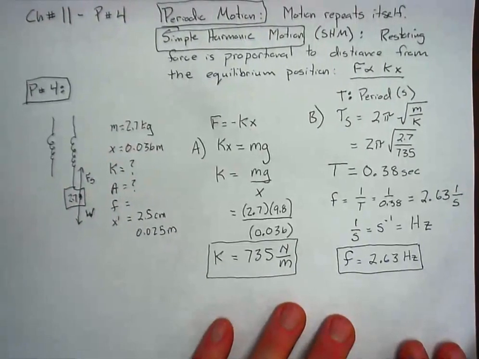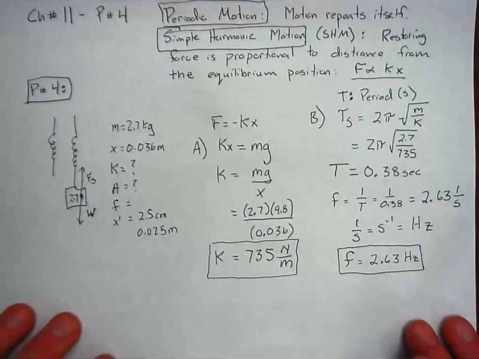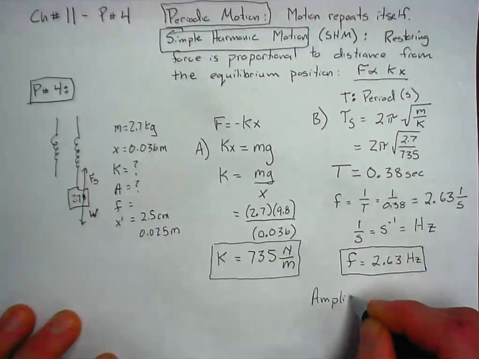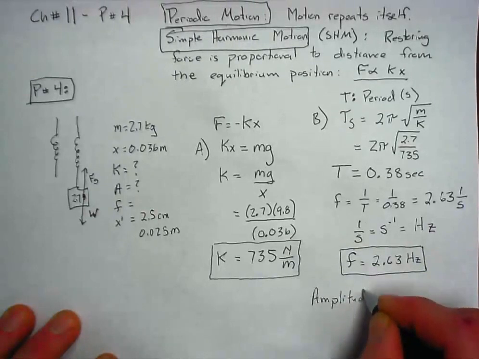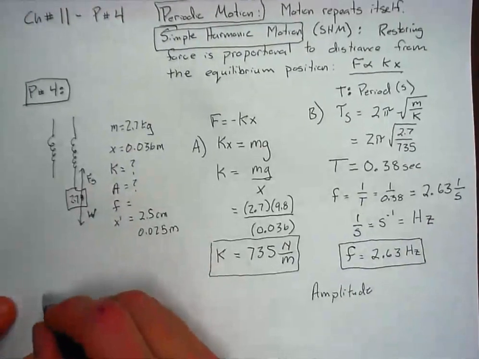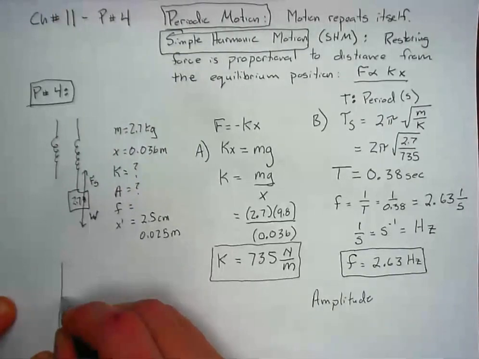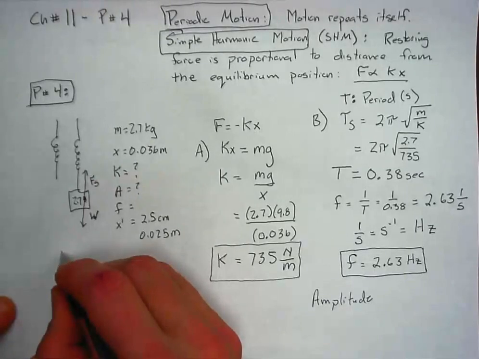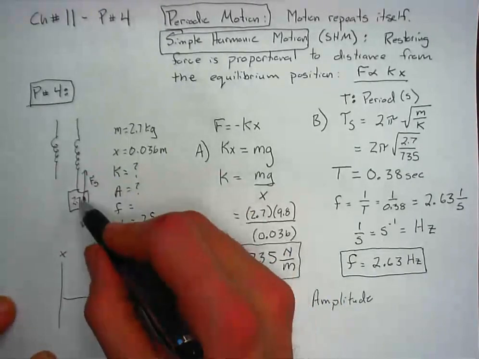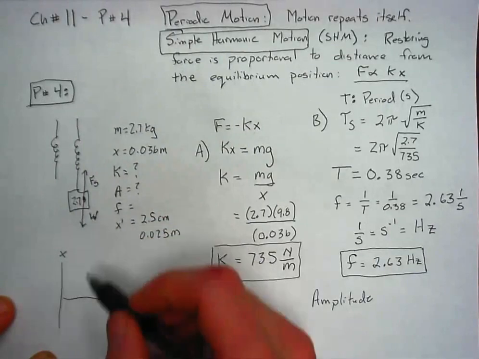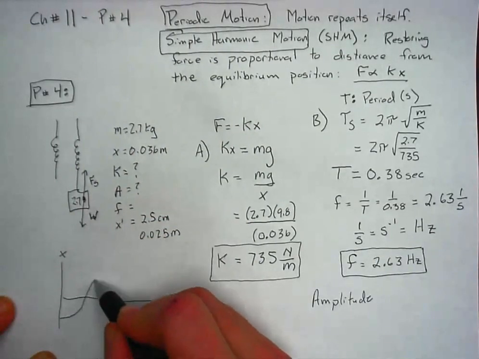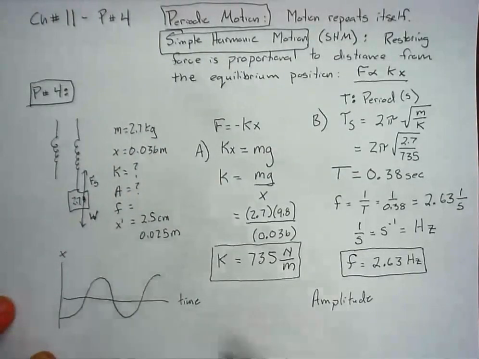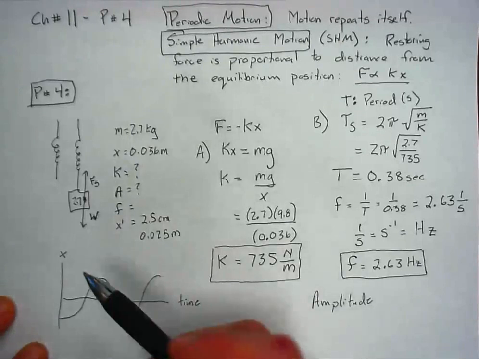All right, we're almost done here. Last thing here, we need to know what is the amplitude. Okay, so let's do a quick graph here where we put time on this axis and x position on this axis. So what did we do? We pulled this guy down an extra 2.5 centimeters. What would its graph look like? Oh, it'd look like this, a nice sinusoidal wave, or maybe this is a negative cosine or something, right?